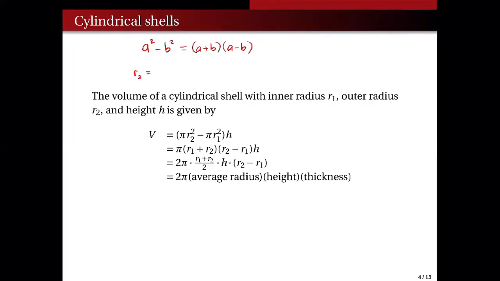R sub 2 is the bigger radius, and R sub 1 is the smaller radius. So if we do this, we will have pi times R sub 1 plus R sub 2 times R sub 2 minus R sub 1 times H.